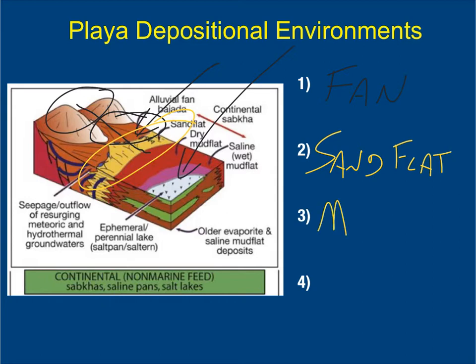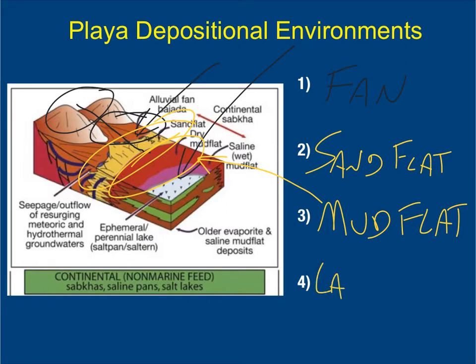A mud flat, which isn't quite to the lake itself, but is really the edge of the lake, this red part right here. And then finally, the lake, either an ephemeral lake, which is there just part of the year, a perennial lake, which is there all the time, or you might actually have a lake or a salt flat, which is also called the playa proper.